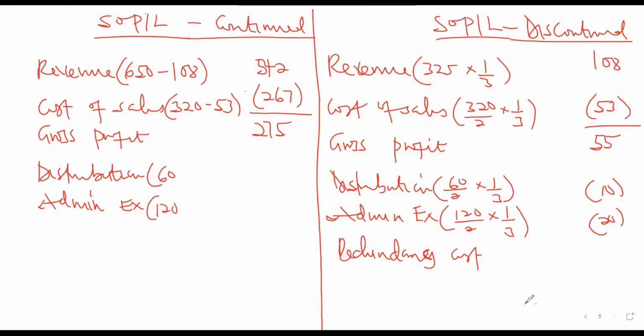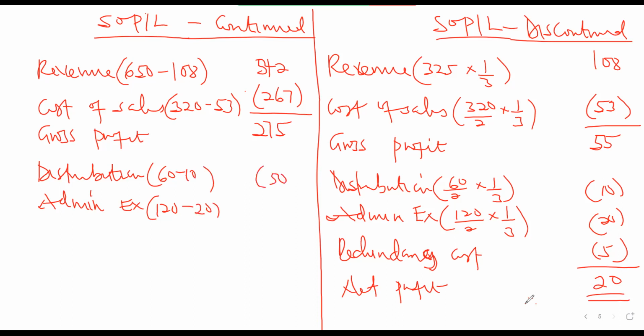It will be netted against their operations, and that will be 35 against this, that will be 20. They'll be having a net profit of 20. So this will be 10 over here, this will be 20 over here, so we are going to be having 50 and 100.